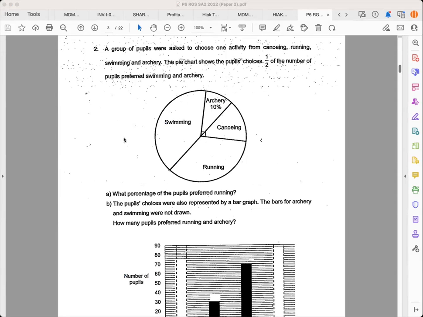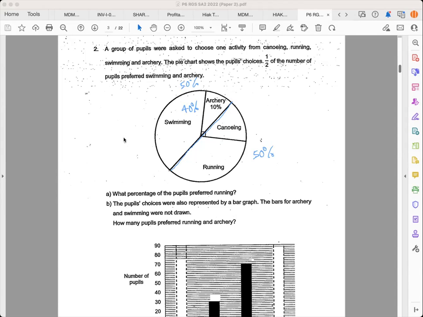So we can see from the diagram, this line divides the pie chart into half. So I can say this half is 50%, the other half is 50%. Everything adds up to 100%. If this half is 50%, it will mean that 50% minus 10%, swimming is 40%.